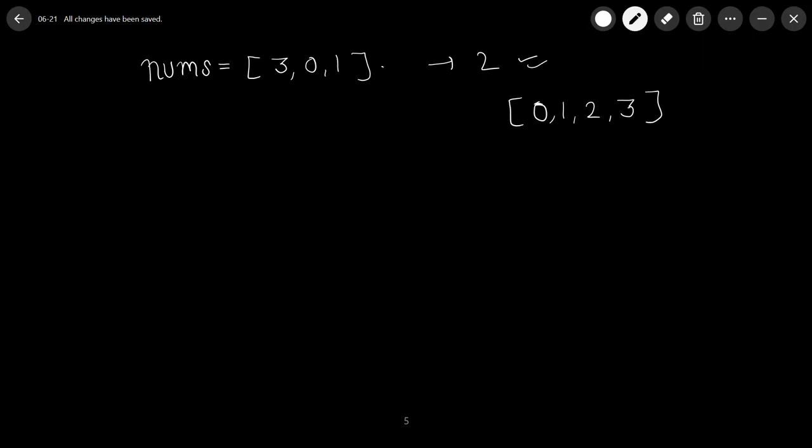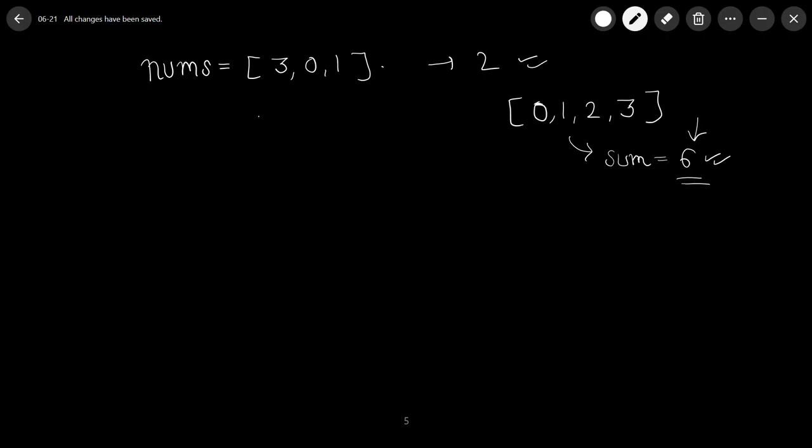If every number was present in the array, the sum would be simply the sum of all the numbers, which can be found using the formula. So the expected sum is 6, right? And we would get this if all numbers were present in the array and none of them were missing.